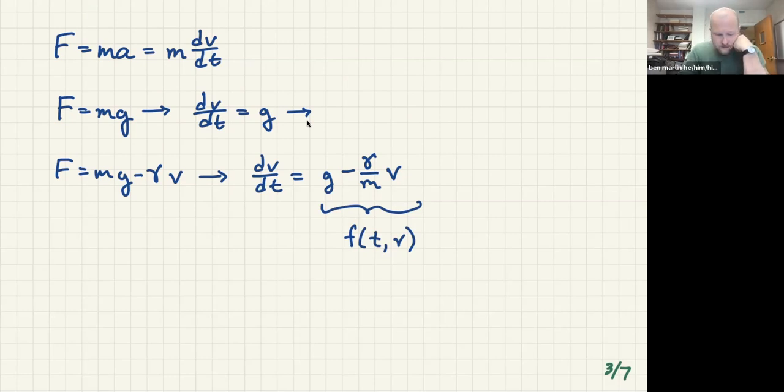So if you have an object that is dropped in a gravitational field, then you're going to equate mg and m dv/dt and get dv/dt being equal to g.